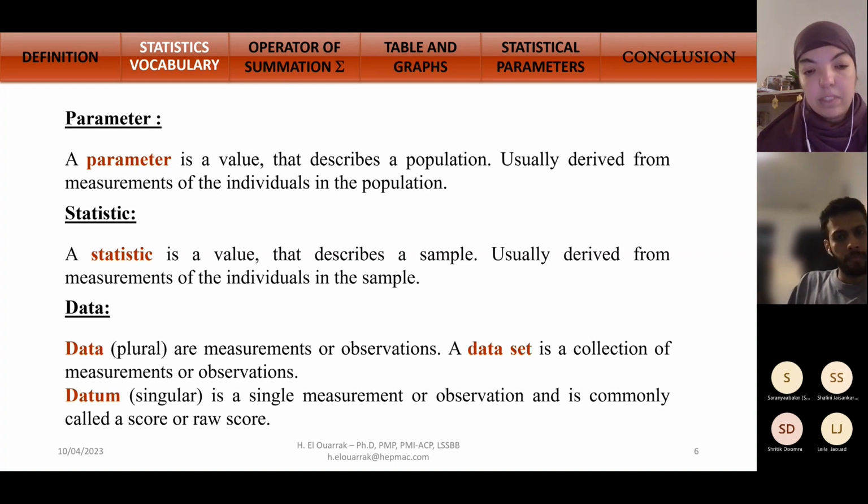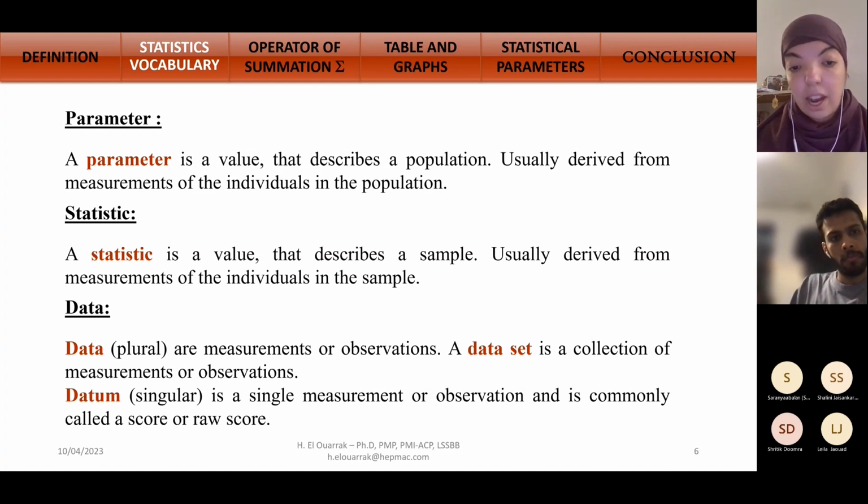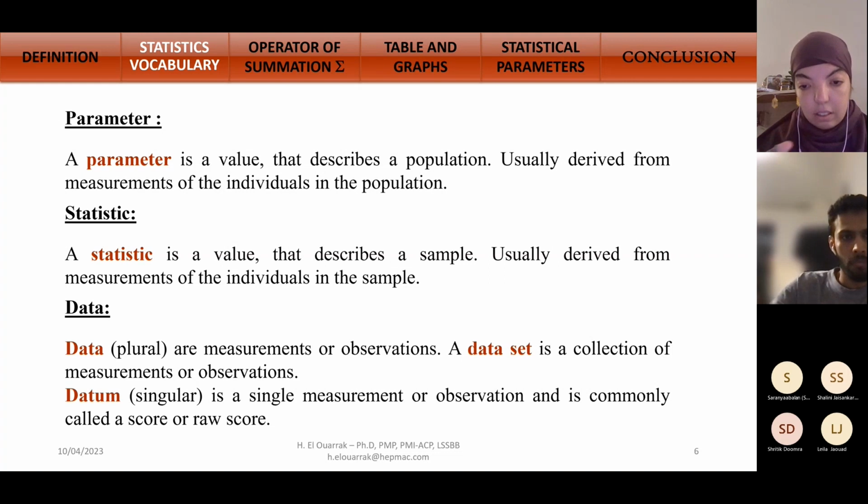And finally, data. Data is a plural noun. It's the measurements or observations. When I say measurements, these could be linked to a product or an individual. It's the whole set of these observations collected and stored.